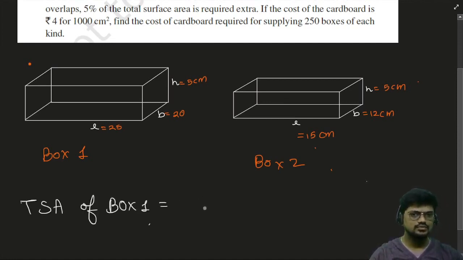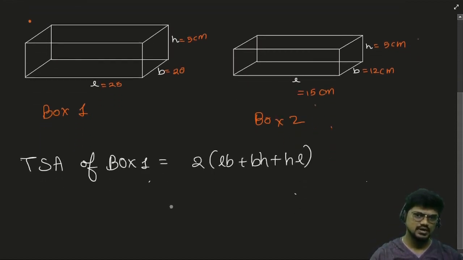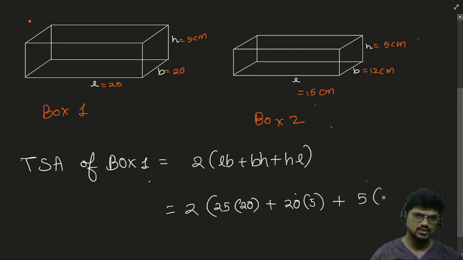Total surface area of box 1 will be equal to 2 into LB plus BH plus HL. That is 2 into 25 into 20 plus 20 into 5, plus 5 into 25.